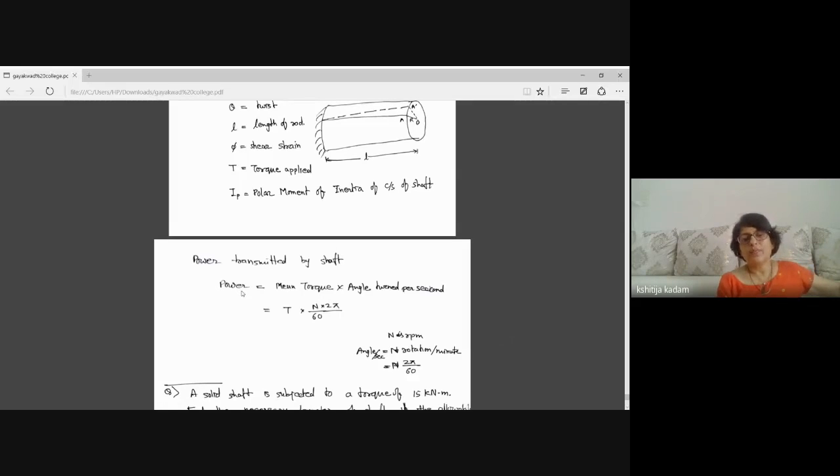So power, how much is power transmitted by shaft? It is mean torque multiplied by angle turned per second. पावर है तो पावर का यूनिट क्या होता है? एनर्जी अपॉन टाइम. तो एनर्जी कैसे निकाल रहे हैं अपन? टॉर्क मल्टीप्लाइड बाय ट्विस्ट इज एनर्जी, पर सेकेंड इज per unit time.